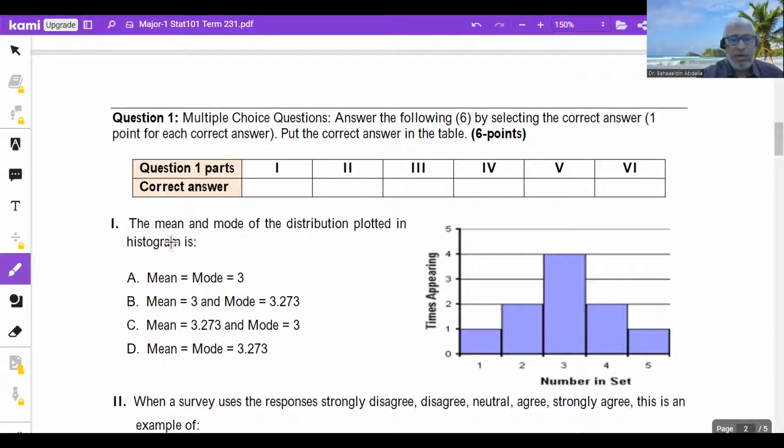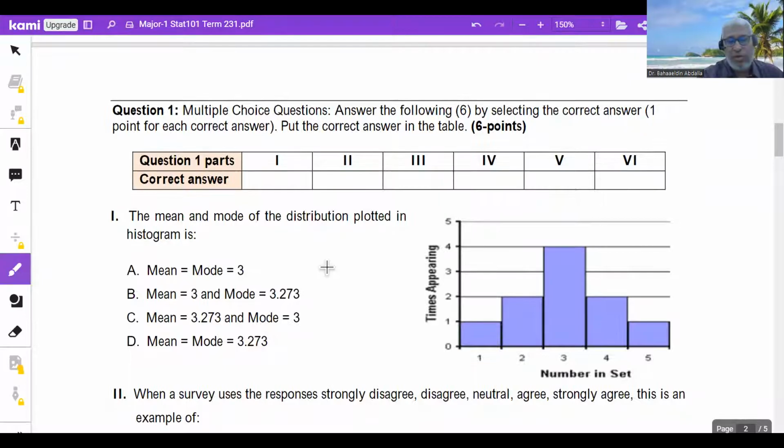The mean and mode of the distribution plotted in the histogram is. So if you look at the histogram, we have numbers 1, 2, 3, 4, 5. So that's a discrete distribution, random variable. And the number 3 has the highest time appearing.